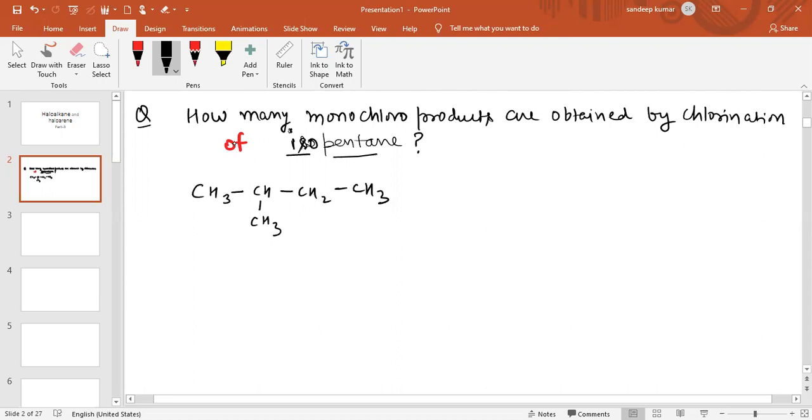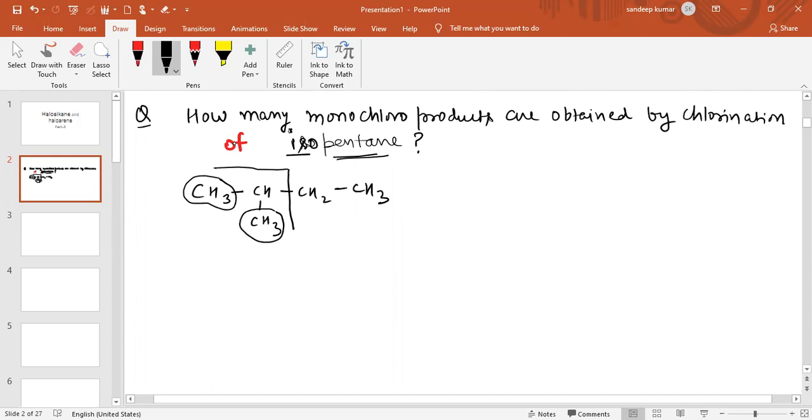See how this kind of questions can be solved. Basically, iso group is what? If on the corner carbon atom there are two CH3 groups, then this is basically the iso group. This one, the line which I am drawing, this is the iso group, and total 5 carbons are there, therefore it is isopentane.